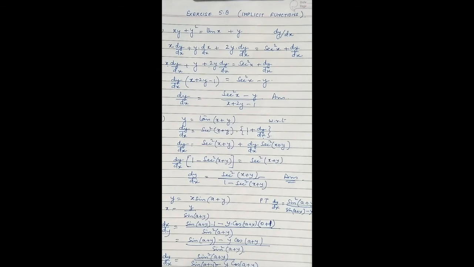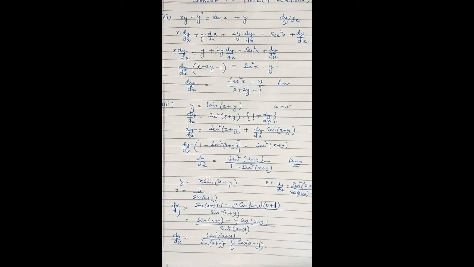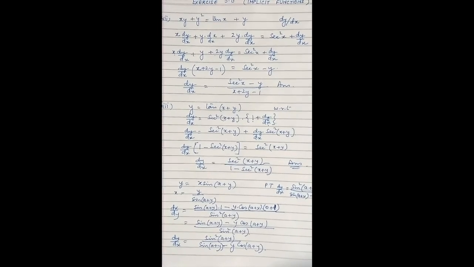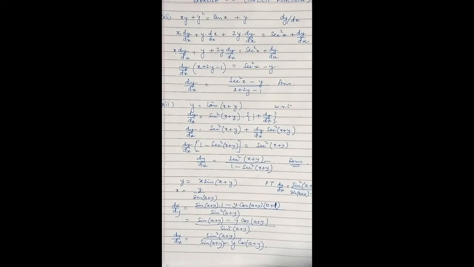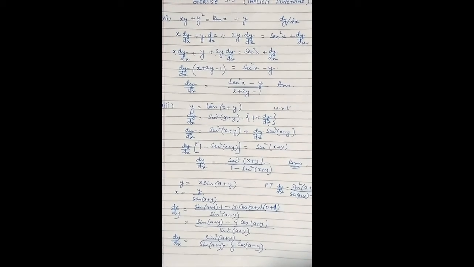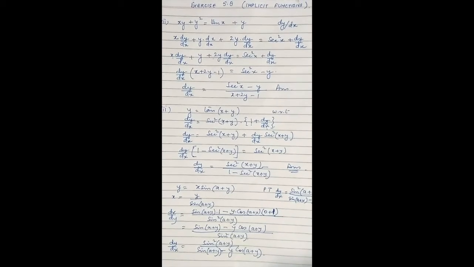So the question which was given to me in the form of an implicit function, I have treated just like my explicit function because I could observe over here that the function given to me can be changed into an explicit function. So that is why I have changed it like this, and the question becomes very easy.